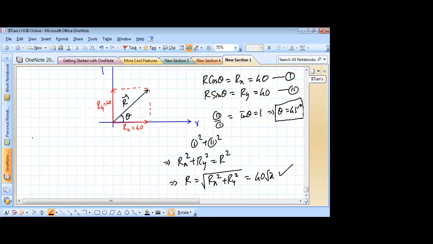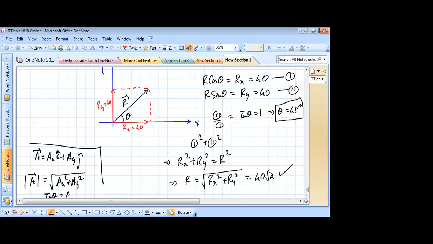So in general, for any vector A, which is Ax i cap plus Ay j cap, the magnitude of the vector is the hypotenuse of a triangle with Ax and Ay. And the angle it makes with the x-axis is such that tan theta is equal to Ay by Ax.